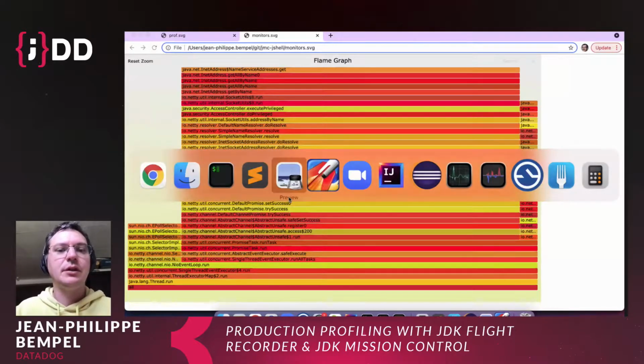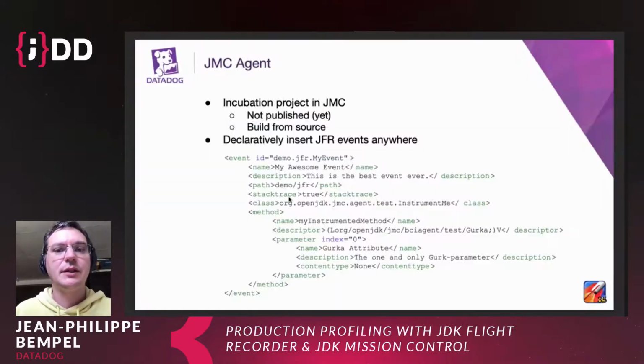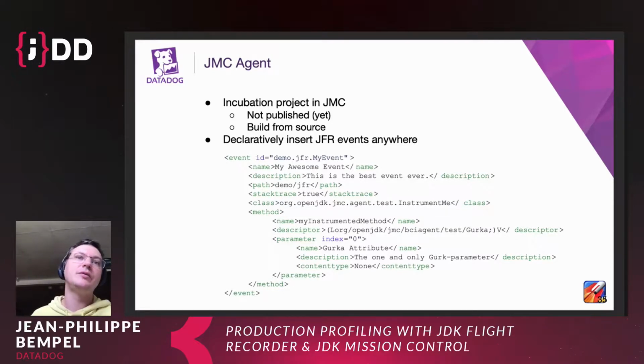Okay, let's go back to my presentation. We have also the GMC agent. This is an incubated project with GMC agent which allows you to insert on the fly some custom events everywhere in your application. This way you don't need to recompile or insert an event yourself.